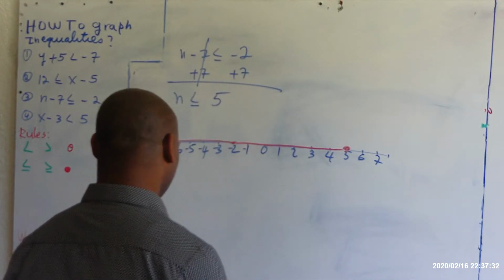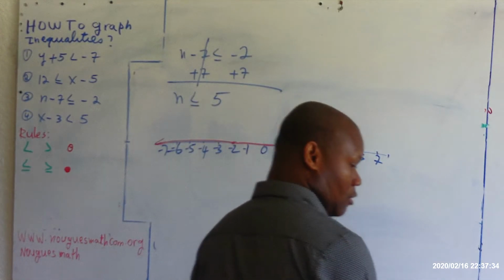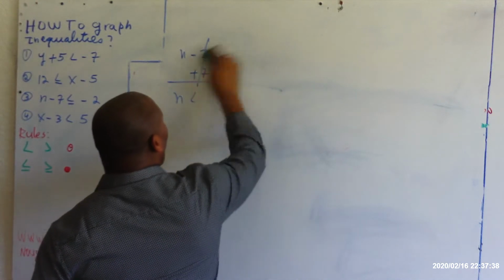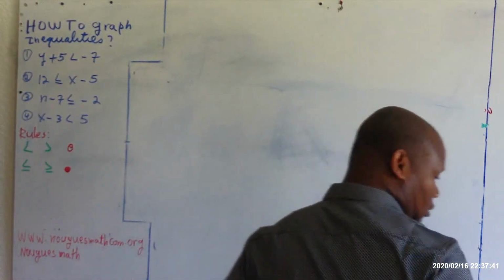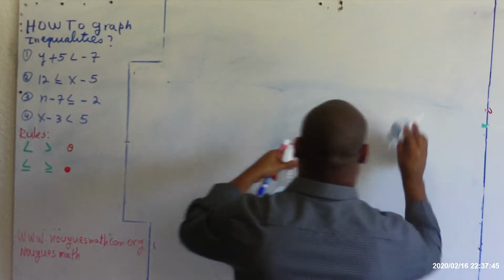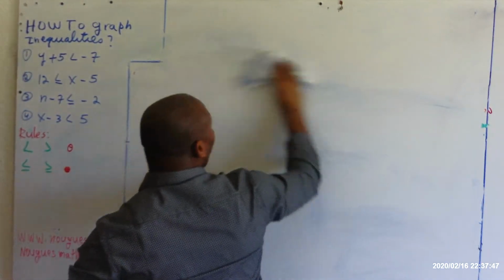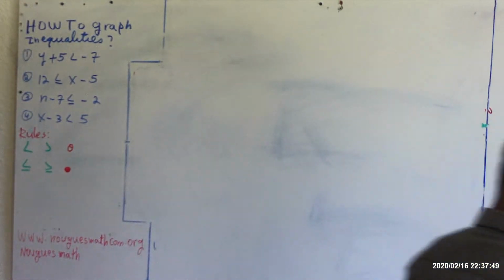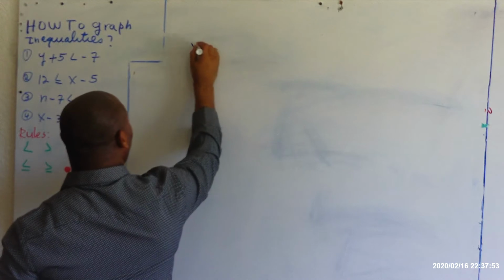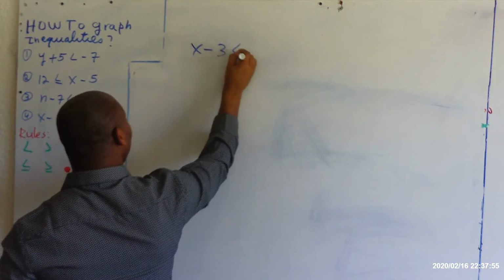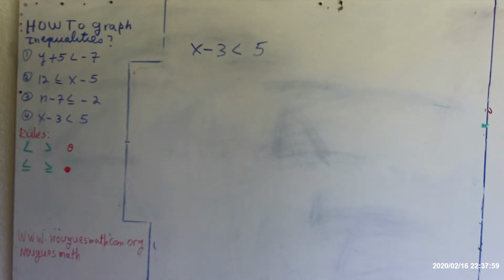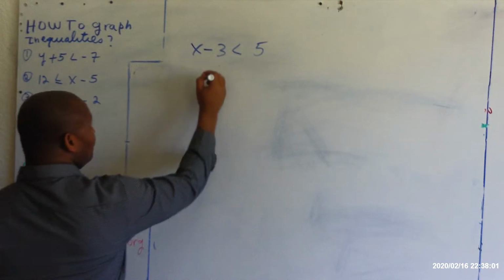The last exercise is x minus 3 less than 5. We're going to add 3 to both sides.